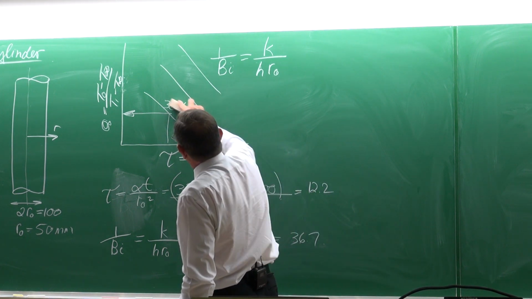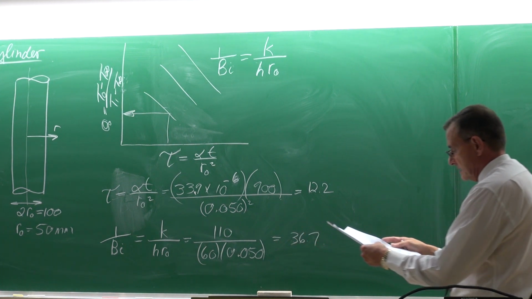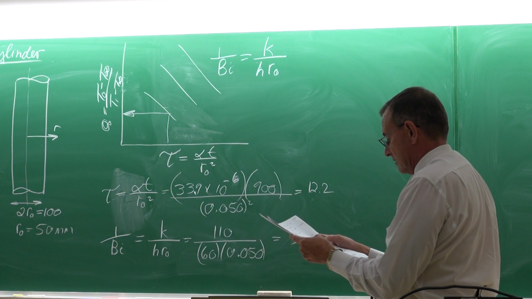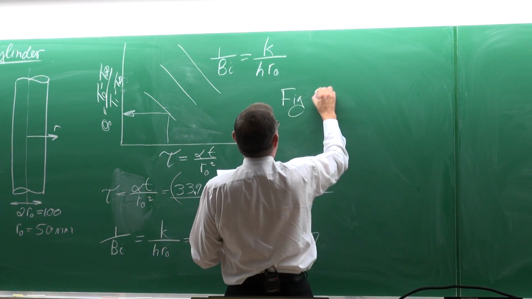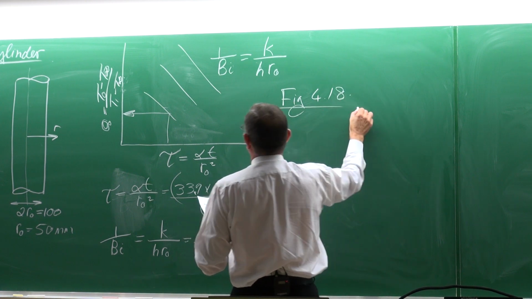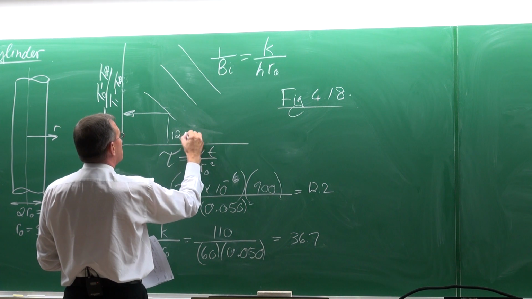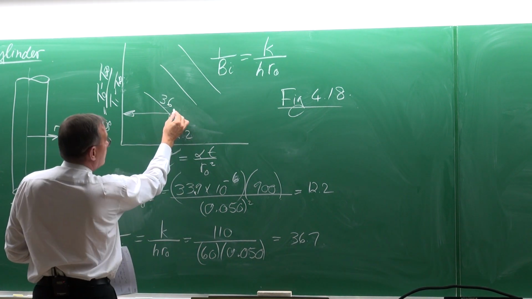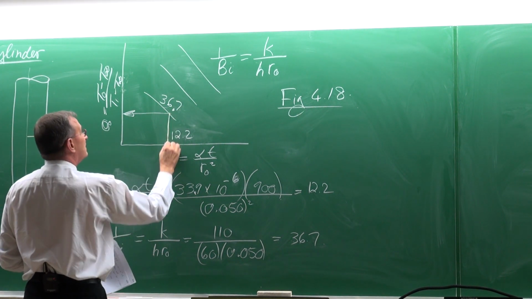Right, so coming back to the Heisler chart for a cylinder, that would be, I think, figure 4.18. Then we have to look at the non-dimensionalized time of 12.2. That should be 36.7, like that.